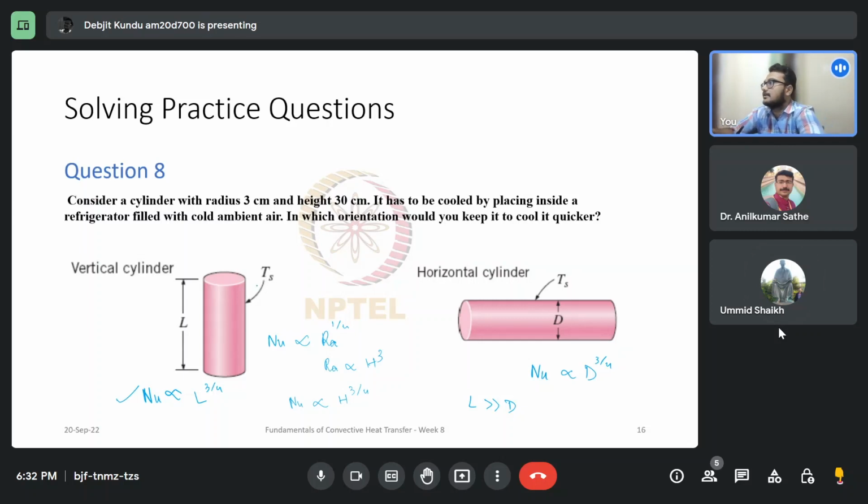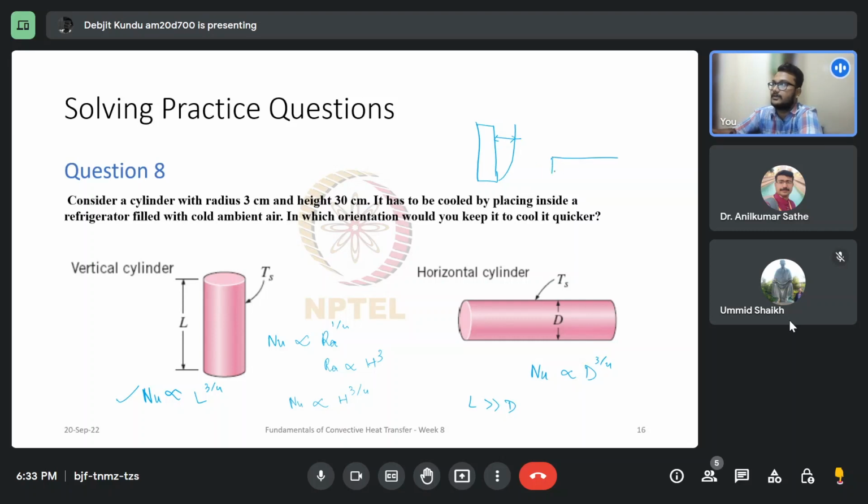So let me try to draw a figure and make sure I understood your answer correctly. I'm keeping it in the vertical position, and there is a boundary layer getting formed like this. If this is longer, the boundary layer also grows thicker, and as a result, the top portion of this tall cylinder is less exposed to colder air.